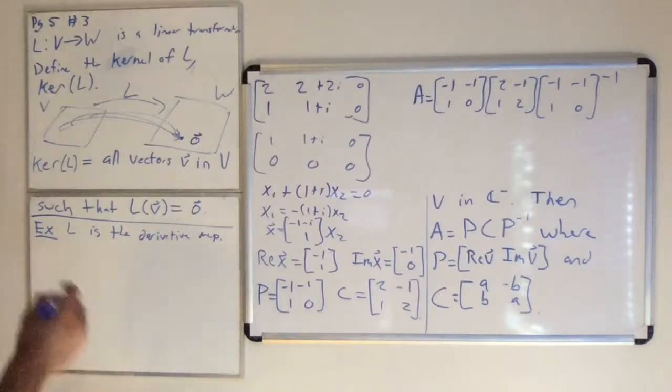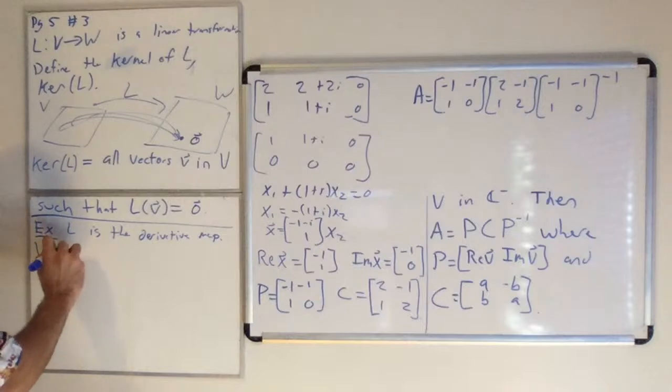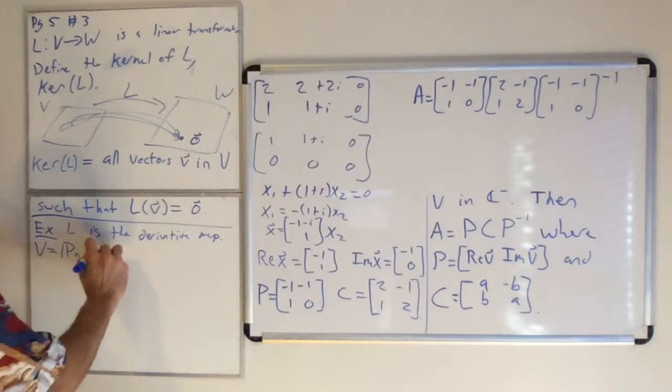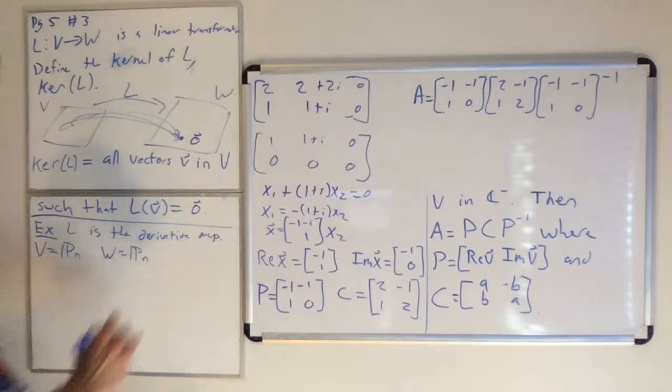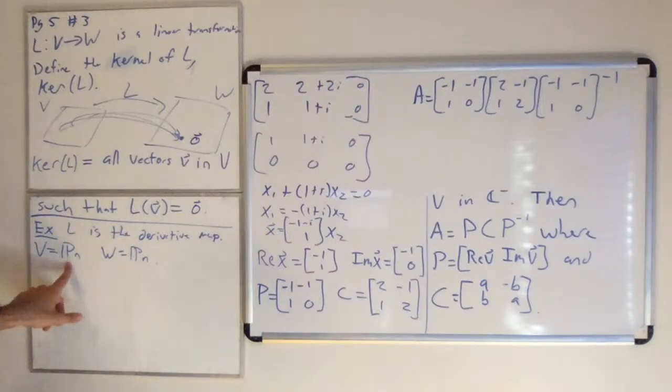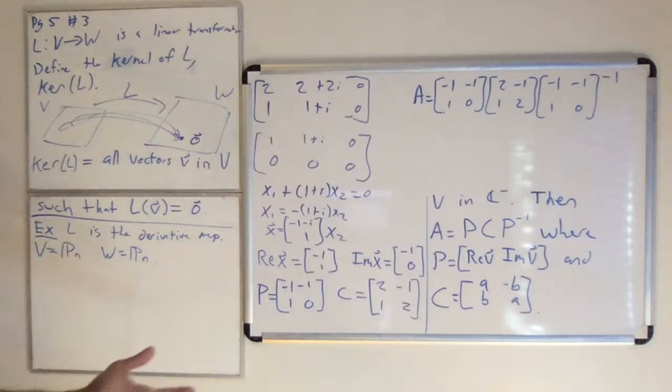And V is equal to Pn, and W is also equal to Pn, because the derivative of a polynomial is also a polynomial. So this is a linear transformation that satisfies the properties above.